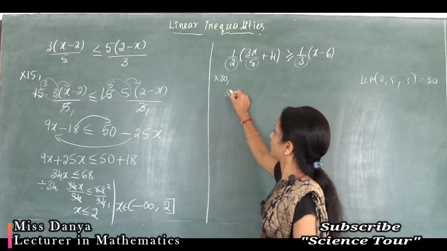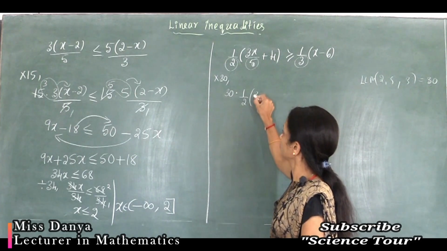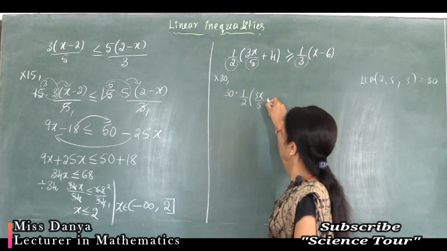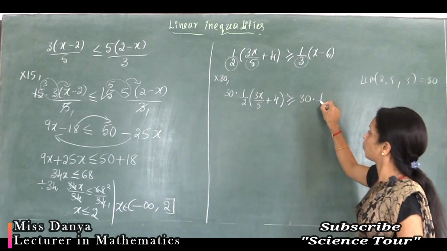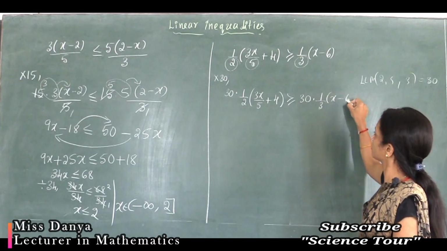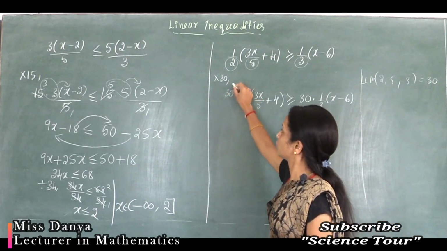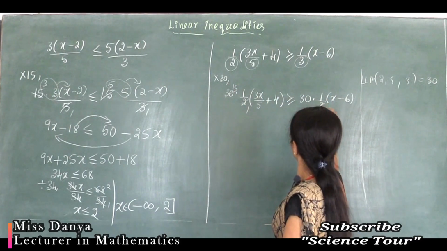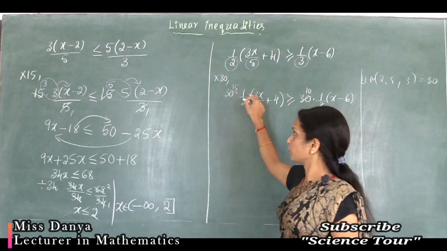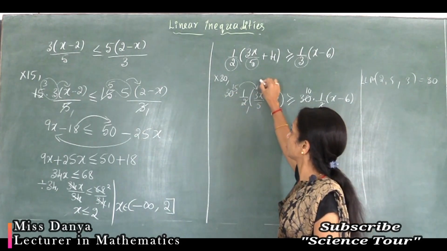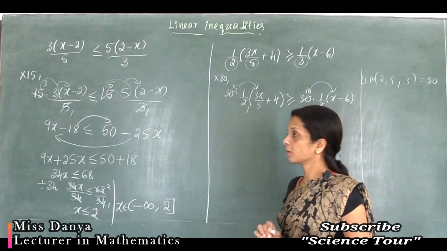Now 30 into 1 by 2 times 3x divided by 5 plus 4 is greater than or equal to 30 into 1 by 3 times x minus 6. Here 2 times 15 is 30, so you can cancel, and 3 times 10 is 30, so you can cancel. Now multiply the outside number, 15 into 1 is 15, inside the bracket, and here 10 into 1 is 10, inside the bracket.